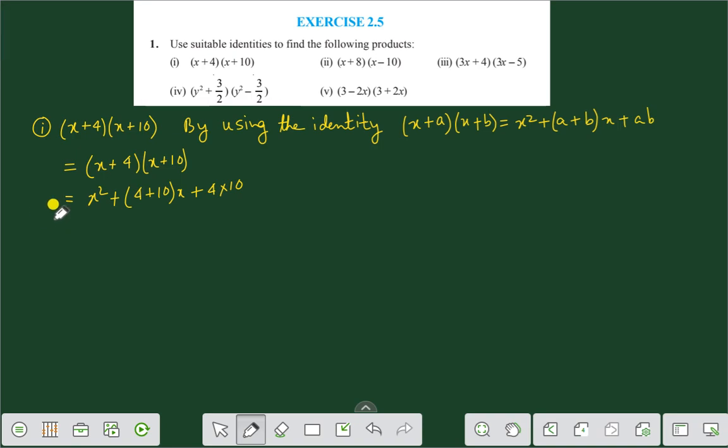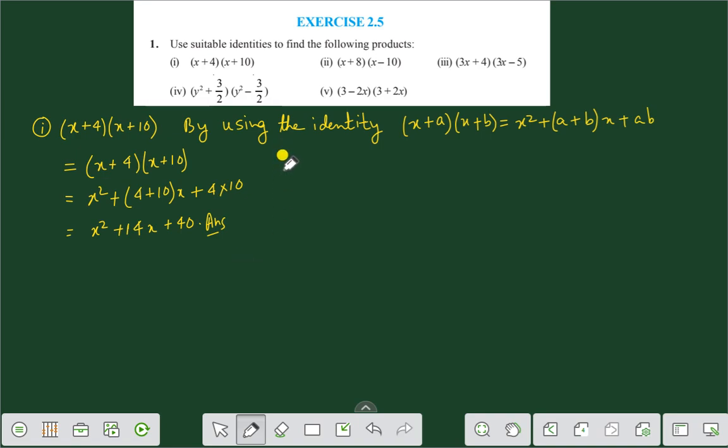Then we are getting x square plus 10 plus 4 is 14x plus 40. This is the solution of question number 1: x square plus 14x plus 40.